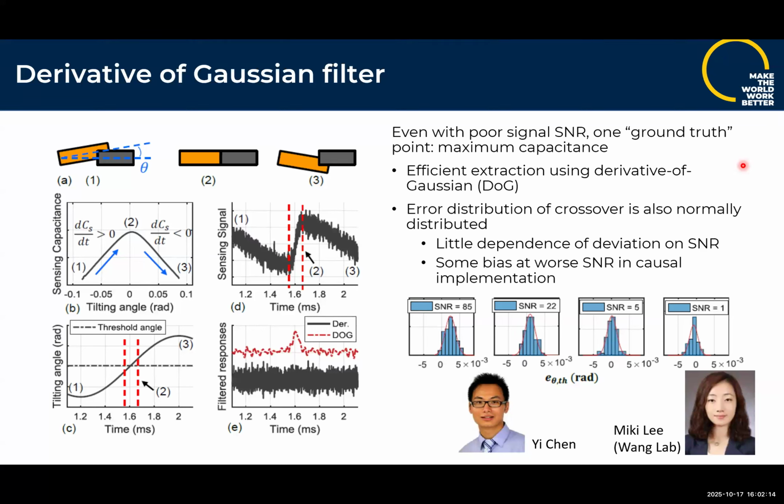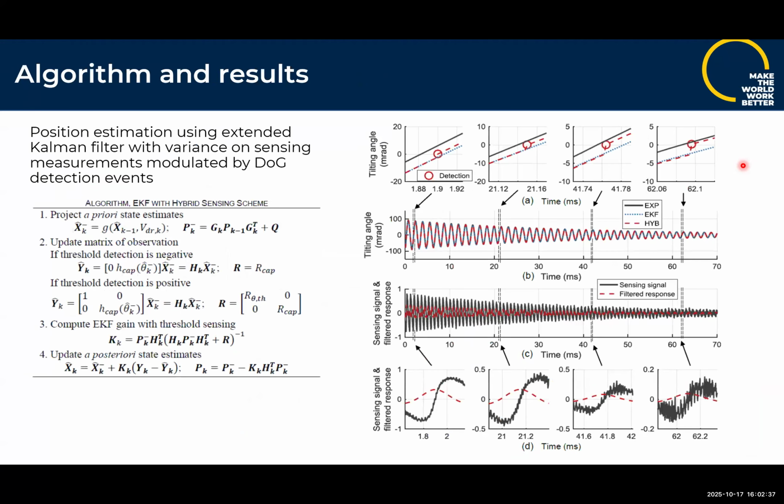Another of my students, working with engineer Thompson of Mickey Lee, first found that to pull out an even better estimate of that crossover point, they could feed this through a derivative of Gaussian filter and pull out a peak time for when the crossover occurred. Then we built this into what we call a threshold Kalman filter, really more just a variety of hybrid Kalman filter.